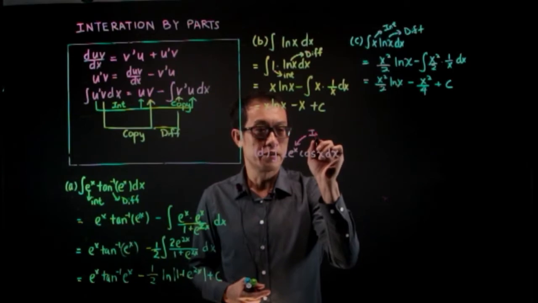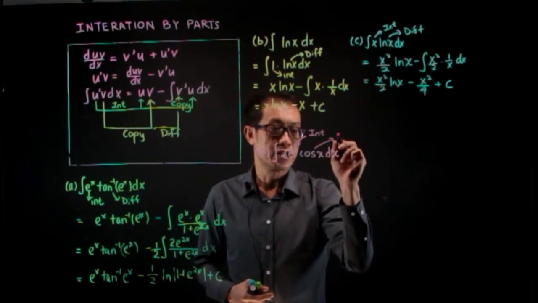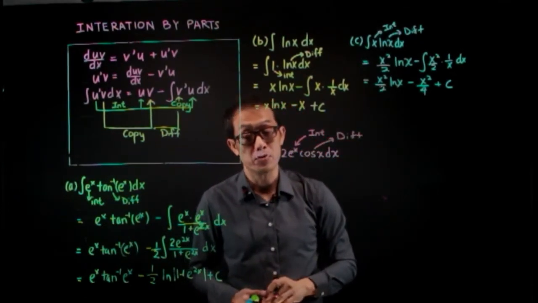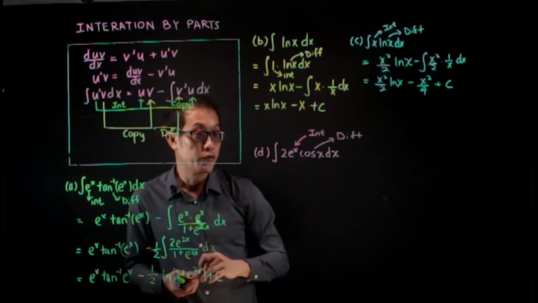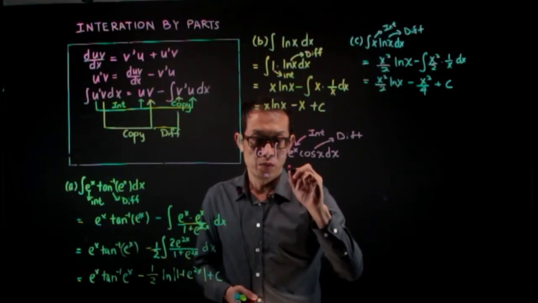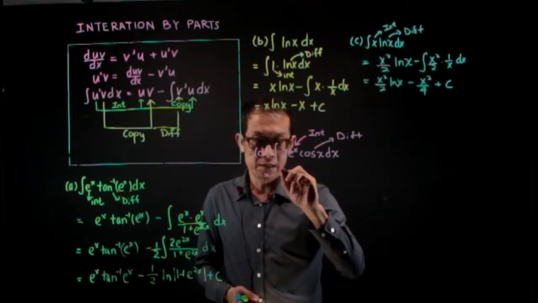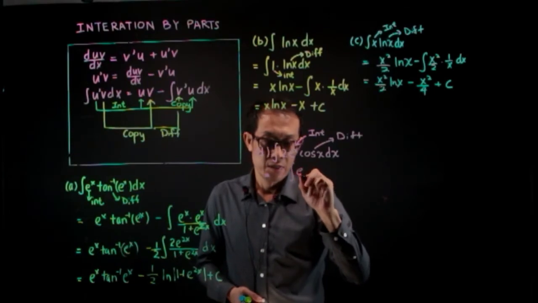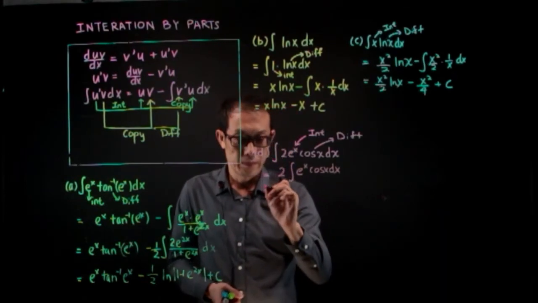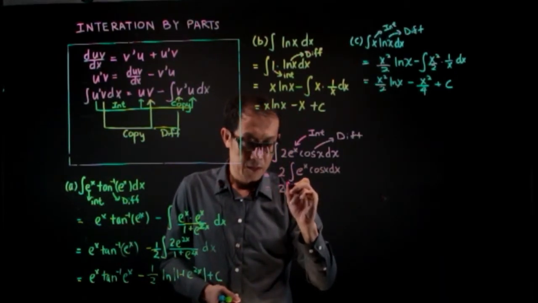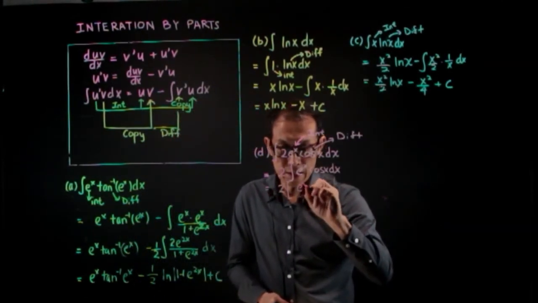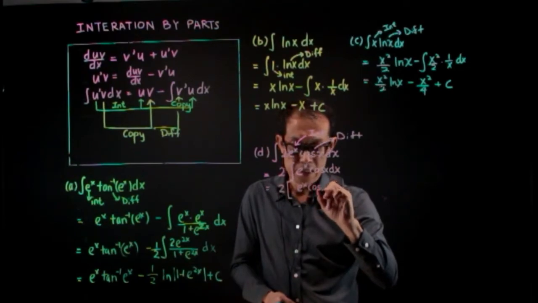So I choose to integrate this and differentiate this. But in this case, it doesn't matter. You can choose to integrate this and differentiate this as well. You will get the same answers. So maybe I take out the 2 first. Now I integrate this, I get e to the power x, and this thing remains.